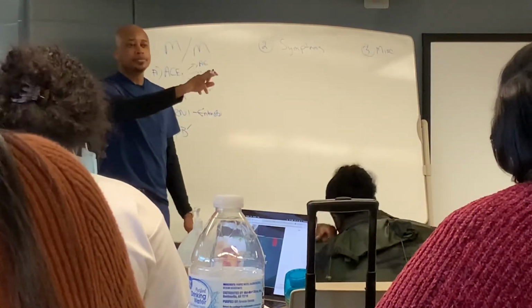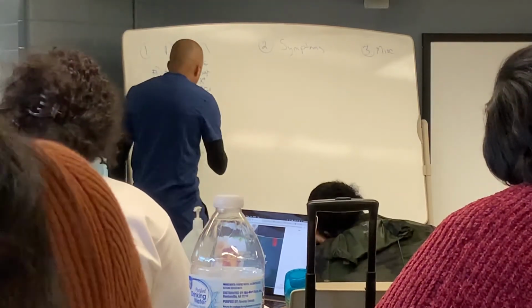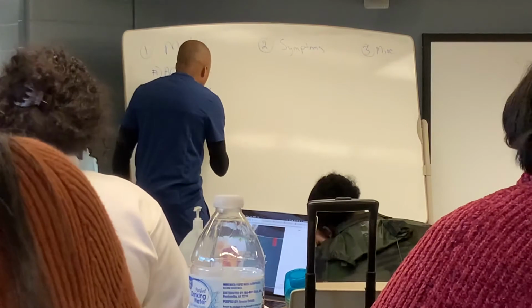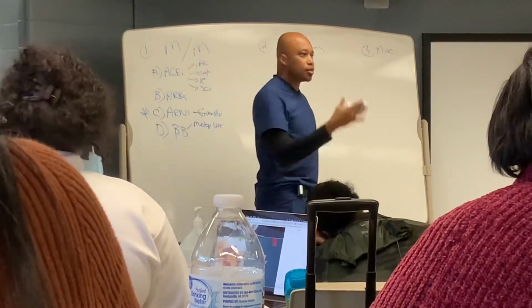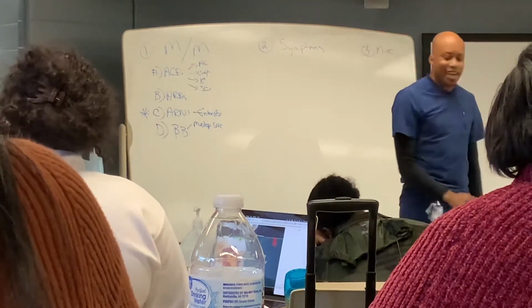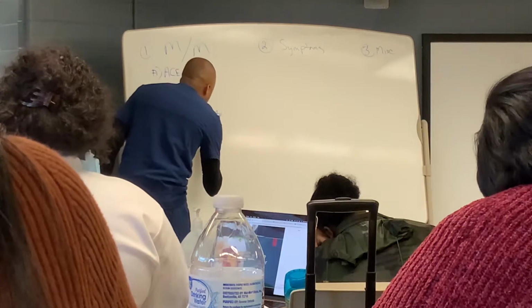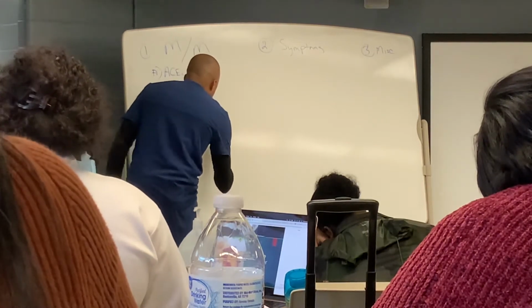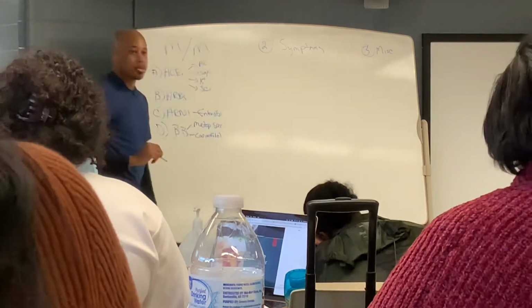What did you say? Which metoprolol? There's 2 different ones. Metoprolol succinate. Succinate. Okay. What's the second one? Carvedilol. Carvedilol is the alpha and beta blocker. Okay. Carvedilol.